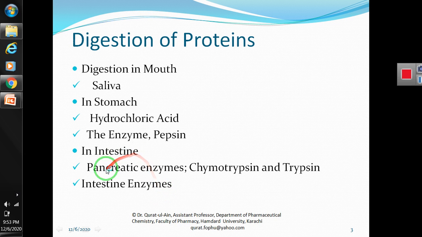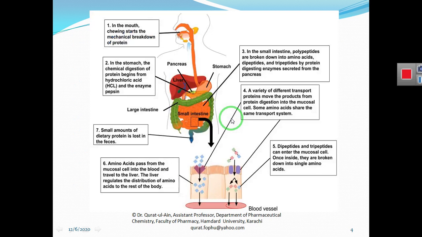Some other enzymes are also released from the intestine itself, and these also help with the digestion of protein before absorption. The pancreatic enzymes are released from the pancreas and come into the intestine, where they help with the digestion of protein.